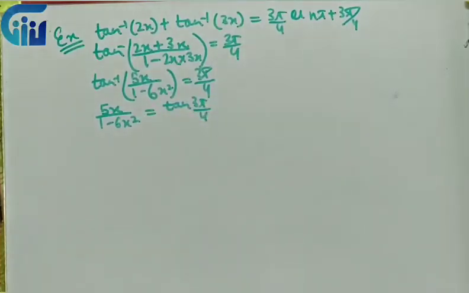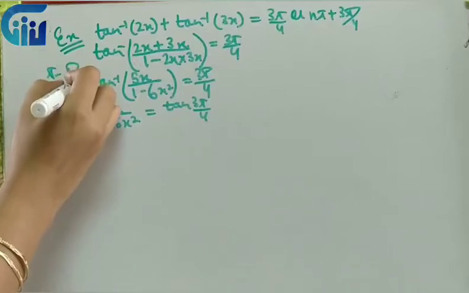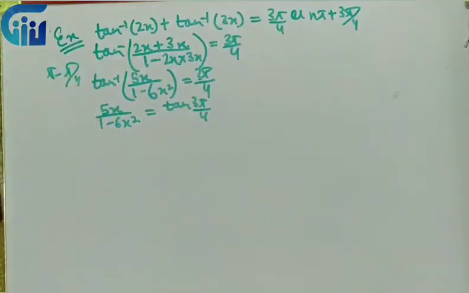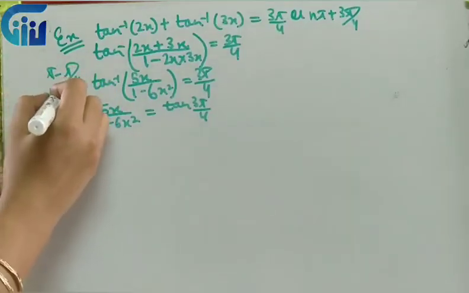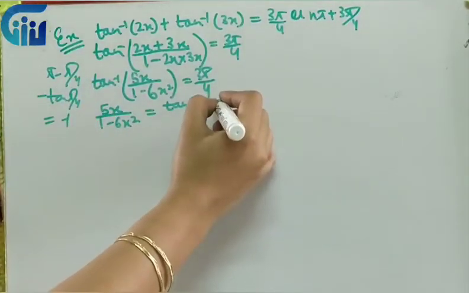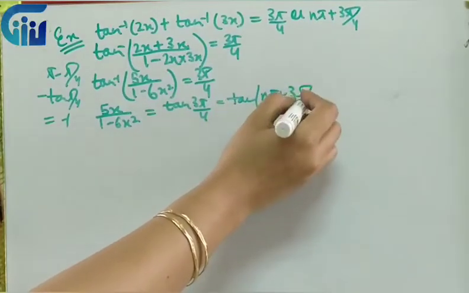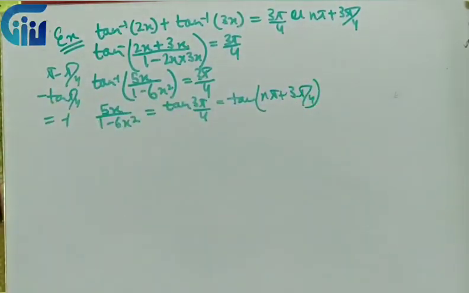Then tan 3 pi by 4, what do I know? Tan 3 pi by 4 means we are in the second quadrant. It can be written as pi minus pi by 4. So tan of pi minus pi by 4 means minus tan pi by 4, which is minus 1. Similarly, had it been tan of n pi plus 3 pi by 4, this would have been the same, because n pi means where n is an integer.